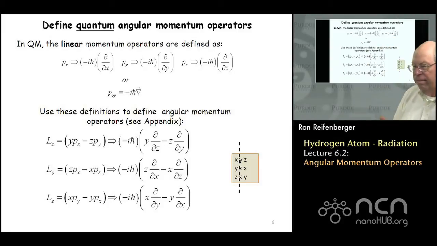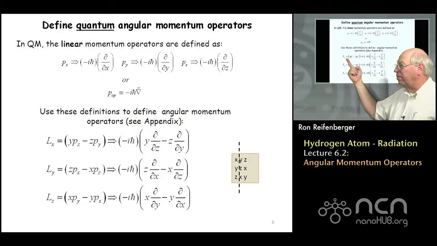That's a classic calculation, and I refer you to the appendix for that derivation. What you find from that discussion is that the angular momentum in the x, the y, or the z direction is just the product of coordinates and linear momentums, all mixed up.